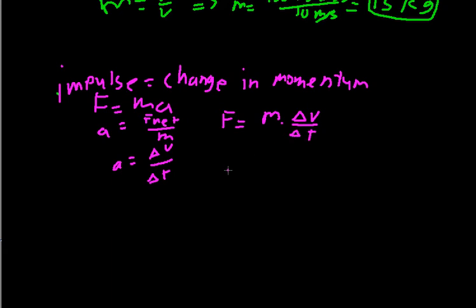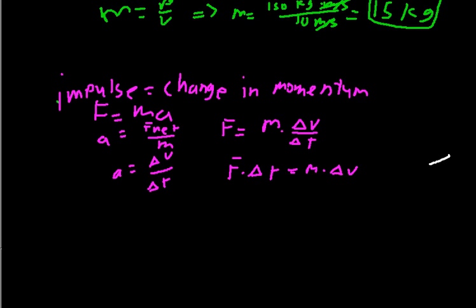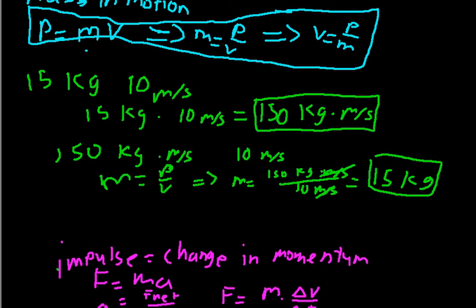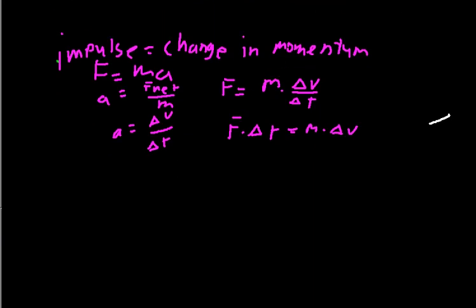So if we multiply both sides by the change in time, then we get force times delta t is equal to m times delta v. And if mv is equal to momentum, then we know that m delta v must be the change in momentum.